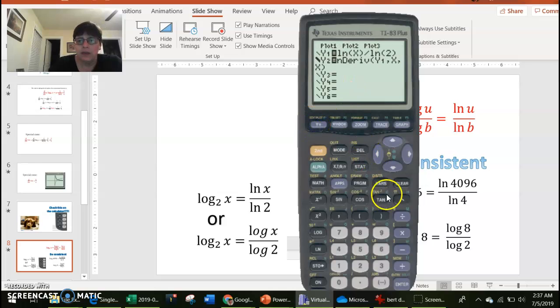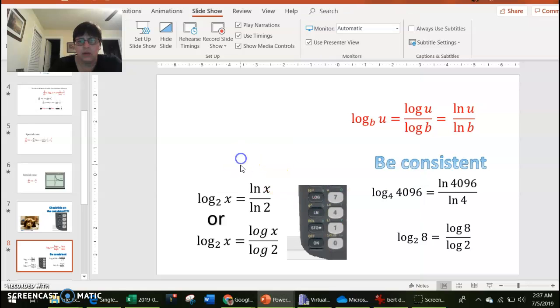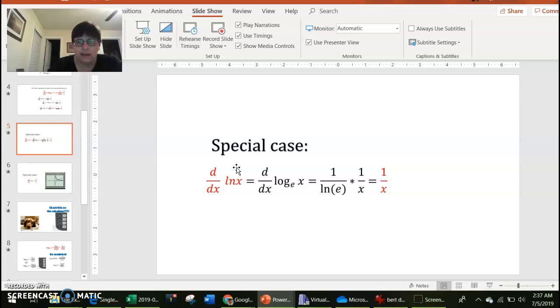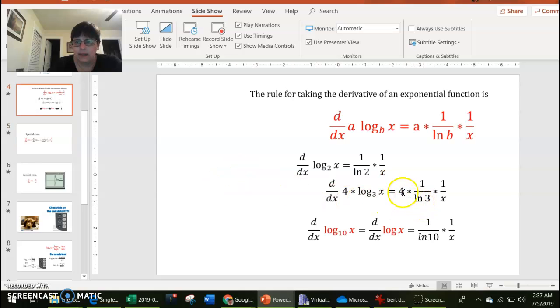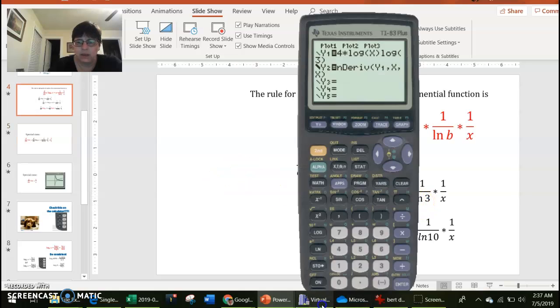If I wanted to do 4 times log base x divided by log base 3, close parenthesis, just double check which one was that. Yeah, 4 log base 3.